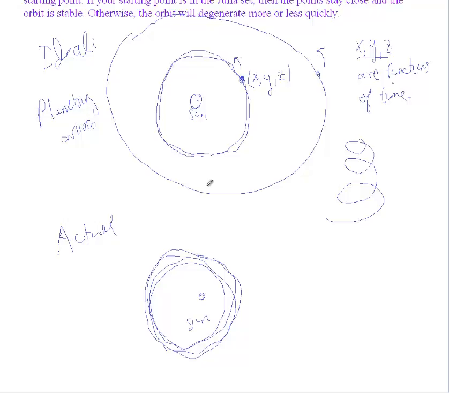Now, there's a way to describe this, also using a dynamical system, but a different type of dynamical system. Suppose I take a point here in the orbit, and let me take a plane perpendicular to the orbit at that point. Okay, and this plane will intersect the orbit in points. Every time the orbit comes back through, it will intersect this plane in another point, and these points will be scattered around.